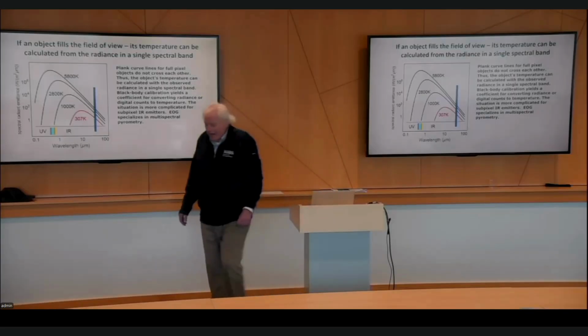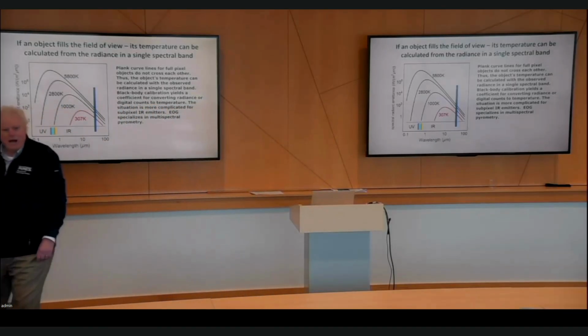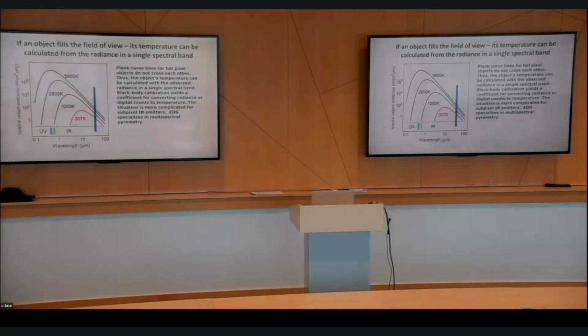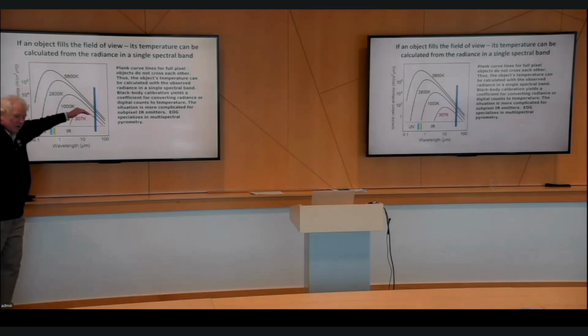About the calculation of temperatures from any sensor, if the object fills the entire field of view, then you only need one spectral band, because these are the Planck curves. Here's wavelength and here's brightness. And so you see this regular progression as the object gets hotter. And as long as it's completely filling the field of view, those lines don't cross.